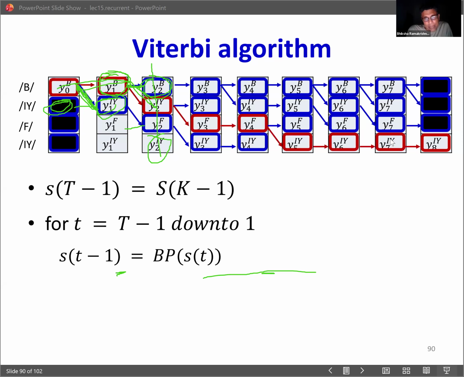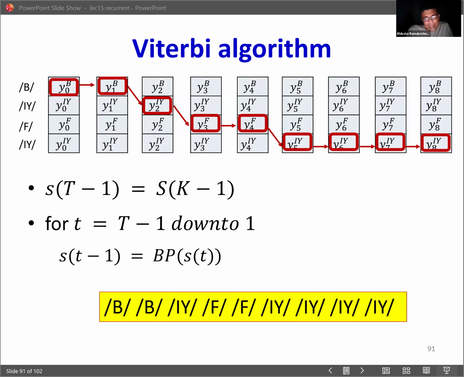You can track its best parent, and its best parent, and its best parent, all the way back to the beginning of time. And in the process, you're going to get the most likely alignment because the process found the most likely path from here to here, one step at a time.